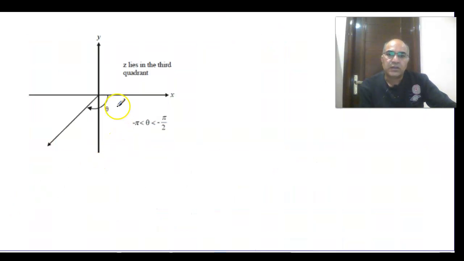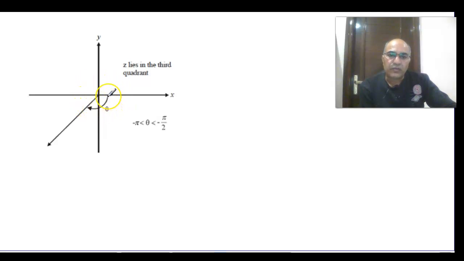So next is when the point Z lies in the third quadrant, the vector is this vector and the principal argument is measured in this way, because if we measure it from the counterclockwise sense, it will be more than pi.